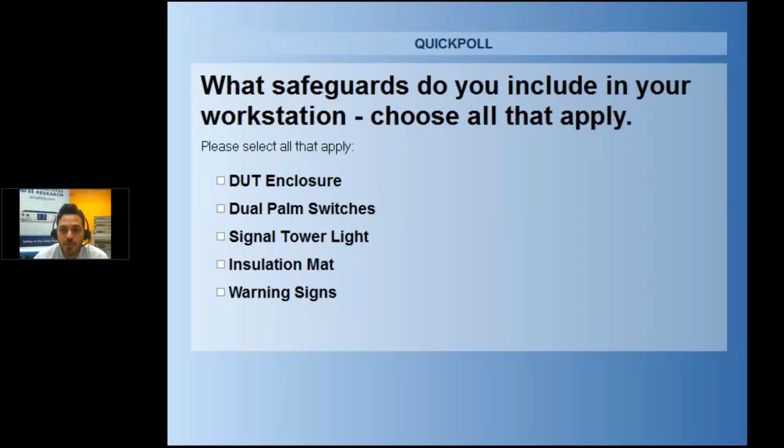How many went all the way and got positive protection and are using a DUT enclosure, and how many are actually using insulation mats, or just what they're using compared to what you're using. So we'll let Allison open that poll and she can give us the results.